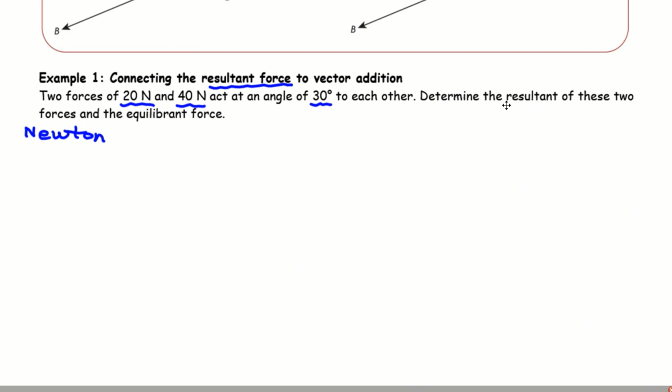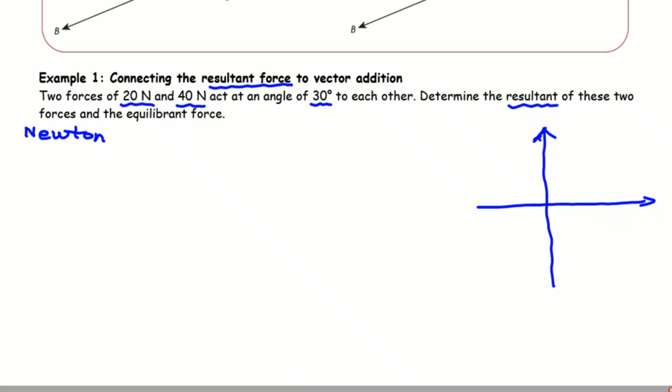It asks you to find the resultant of these two forces and the equilibrant force. For this question, you could use trigonometry to find the resultant force using the sine law, cosine law, or we could use a component vector method.